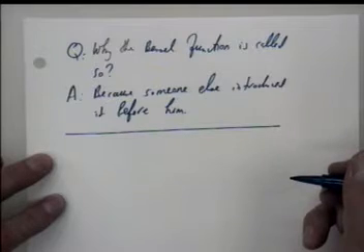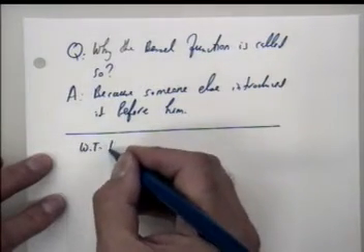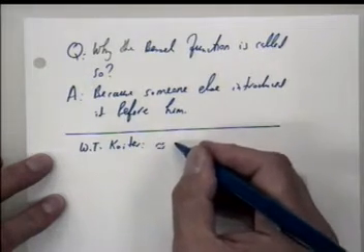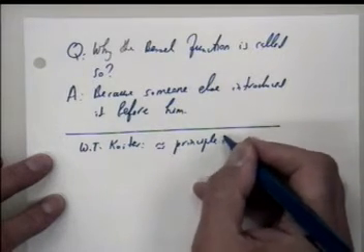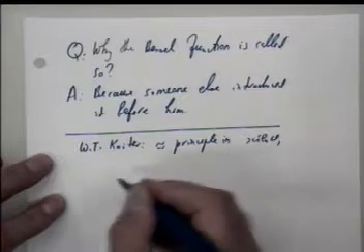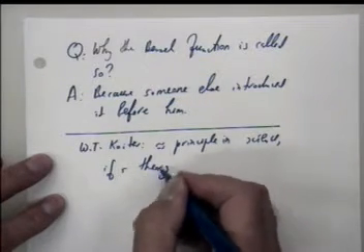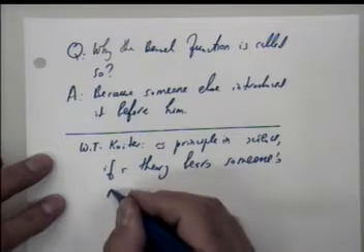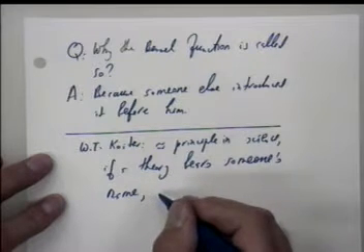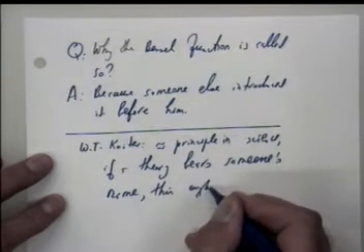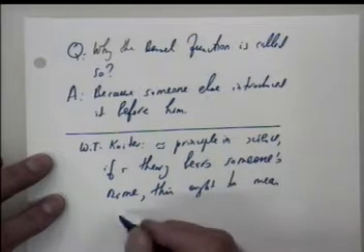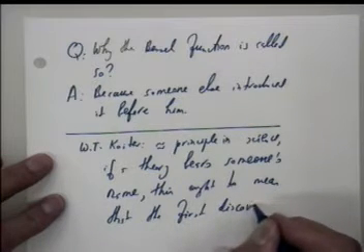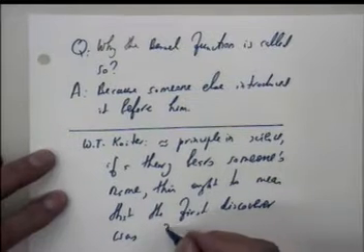Interestingly, W.T. Koiter writes, approximately, that there is this principle in science: if a theory bears someone's name, this ought to mean that the first discoverer was someone else.